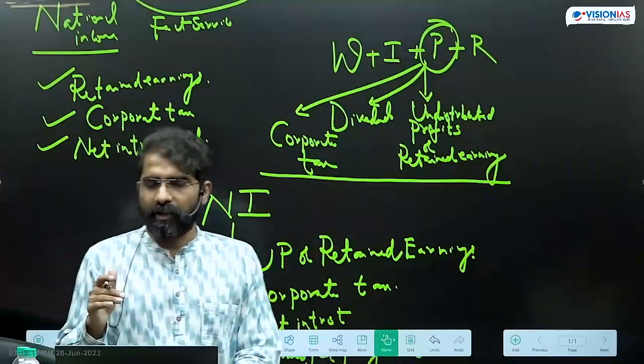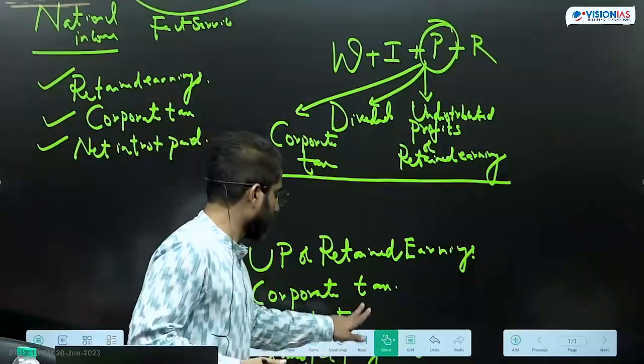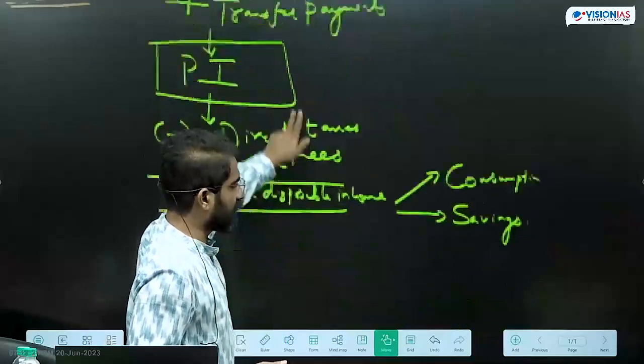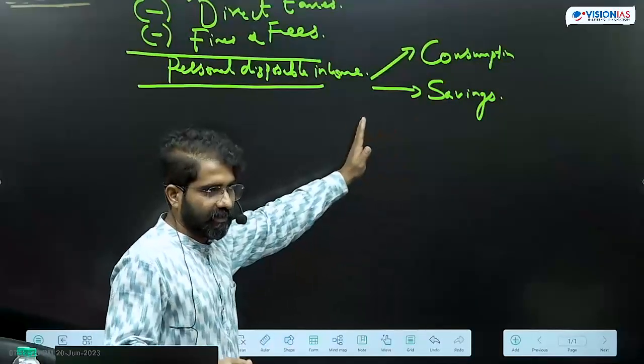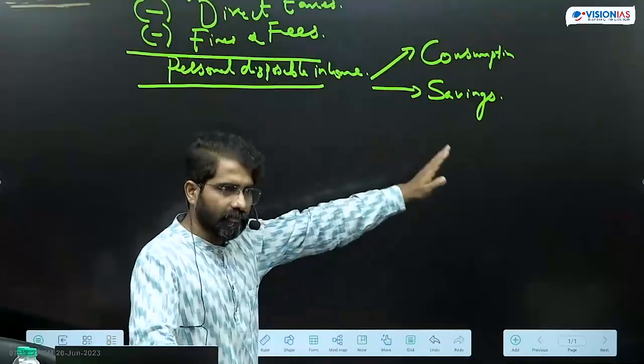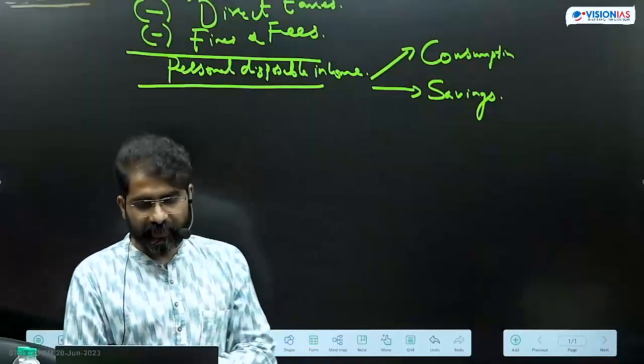So, total national income by total population. If I have to calculate current per capita income basically, then I have to take something like NNP at current prices divided by population. Write down first, I'll explain. Per capita income.